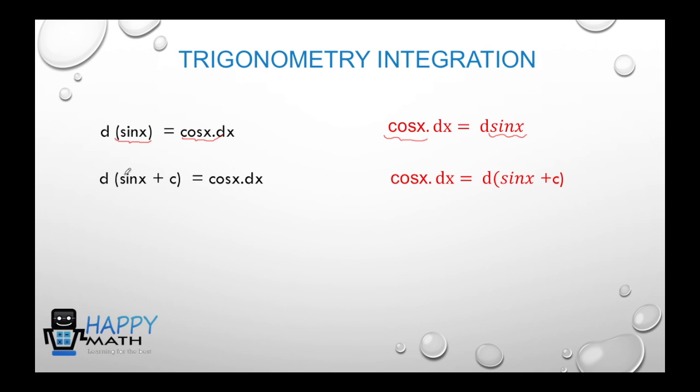It means cos x times dx moves from outside the derivative to inside the derivative, and it becomes d of sine x plus c. It's quite easy to understand, yes. Just remember this main formula of trigonometry integration, and maybe you will solve 100% of trigonometry integration exercises.